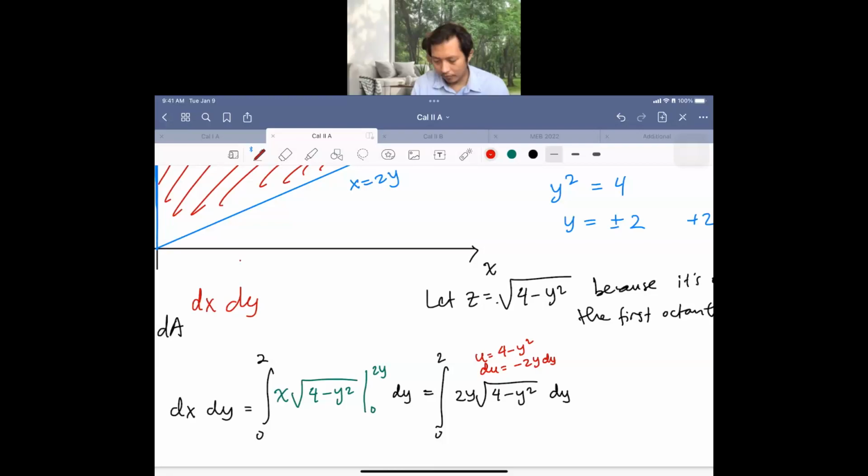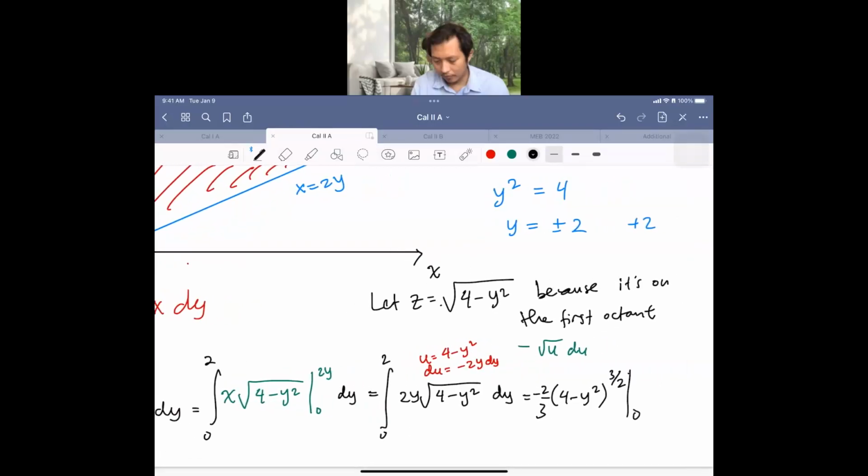So we could have the square root of u du, negative, right? So we integrate this, and let me write directly, u to the power of half becomes 3 over 2, so 4 minus y squared to the 3 over 2, and then times minus 2 over 3, right?